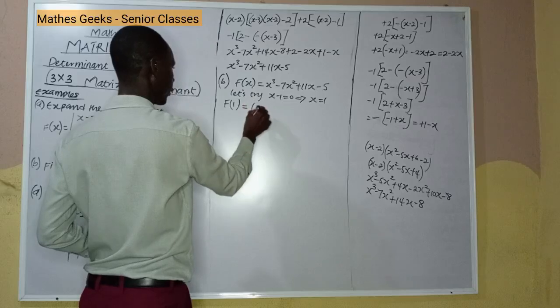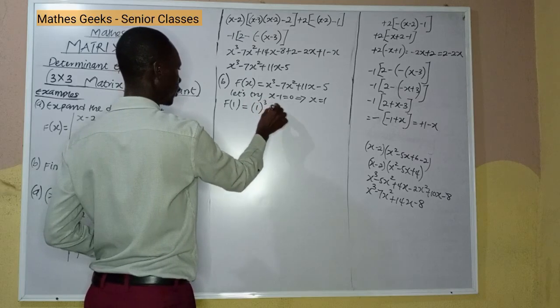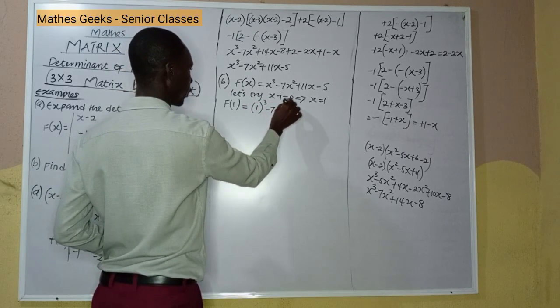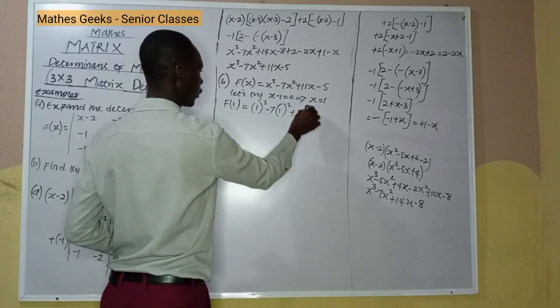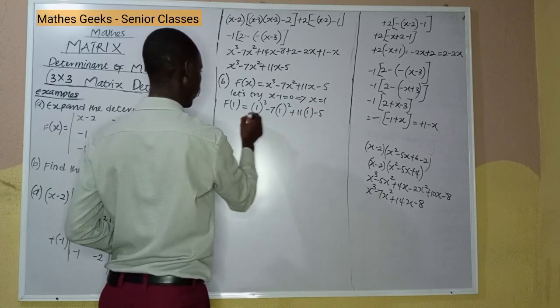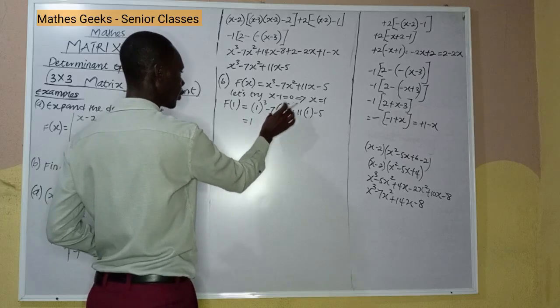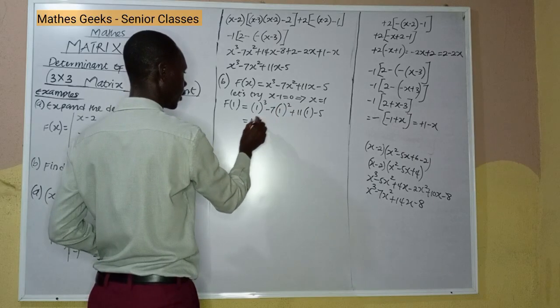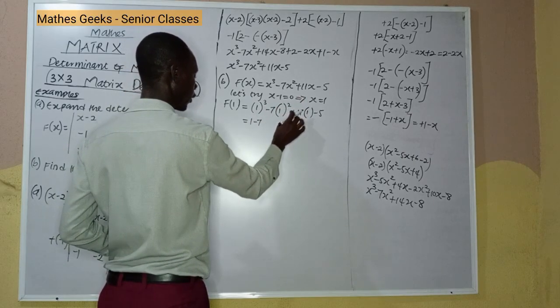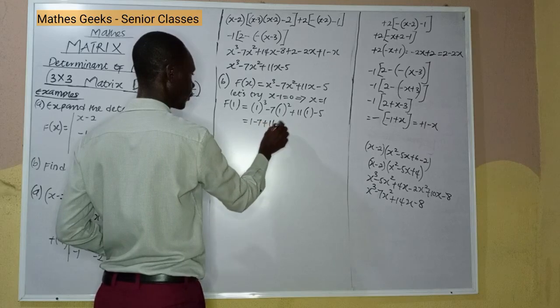So f(1) is equal to 1 cubed minus 7 times 1 squared plus 11 times 1 minus 5. 1 raised to the power of 3 is 1. 1 raised to the power of 2 is 1. 1 times minus 7 is minus 7. 11 times 1 is plus 11.